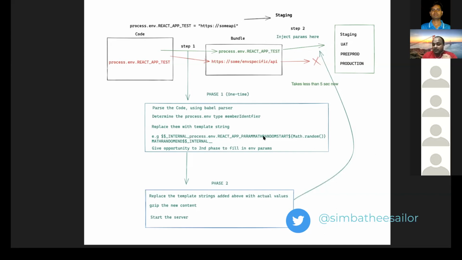But there is one more thing which is very crazy, like Math.random. Why is there a Math.random? Because it's very difficult to figure out which Babel loader or which Babel plugin is actually doing the dead code removal. If I do not add Math.random, my bundler will remove this piece of code, if there is a truthy value or a falsy value.